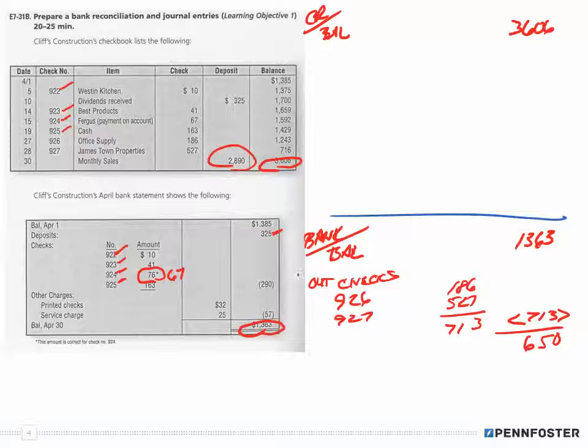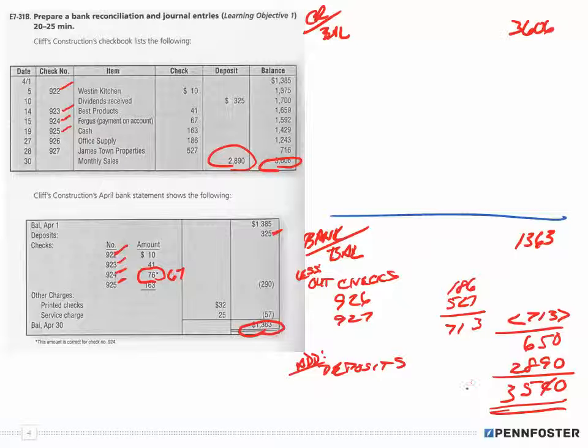My checks are a deduction, so that's less my checks. But then I'm going to add my deposits, and we only have one, in the amount of 2,890. So I'm going to add that in, and I end up with $3,540 as my final balance to my bank statement.